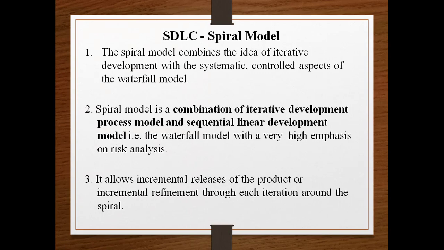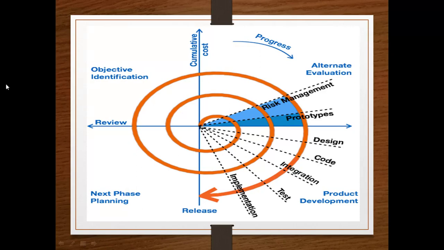So let's see how it looks. The word spiral itself says that it is revolving around an axis. Now if you see this diagram, this is an axis. It is a release cumulative cost axis, and these are the quadrants: first quadrant, second quadrant, third quadrant and so on. First is objective identification, then alternative evaluation, then product development, and then next phase planning.